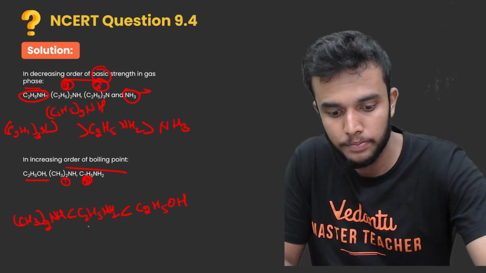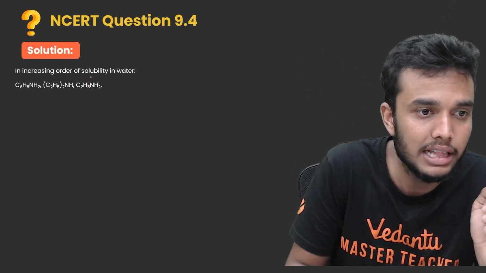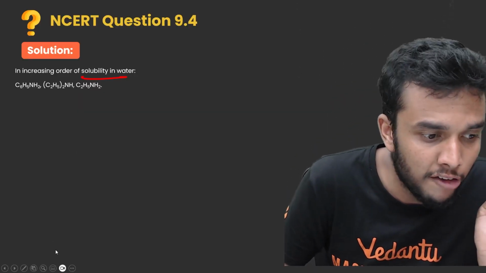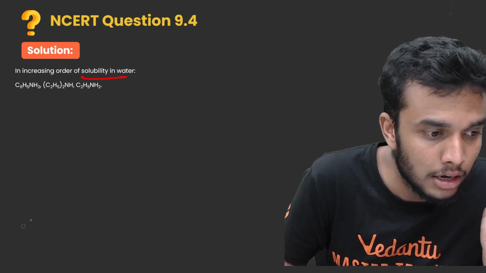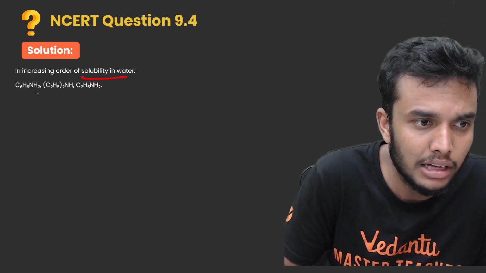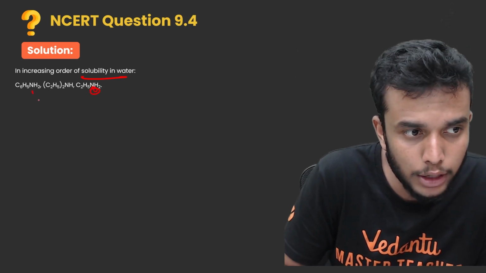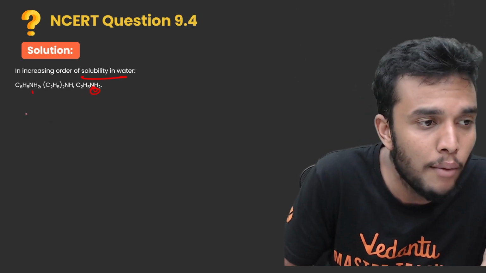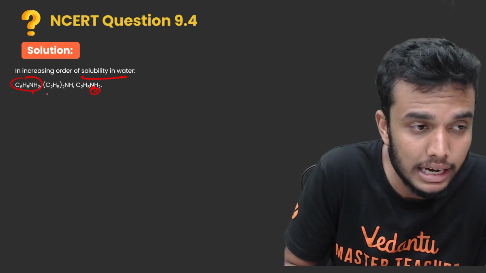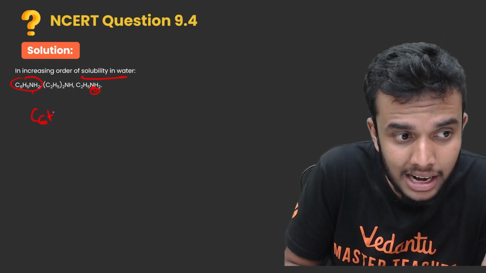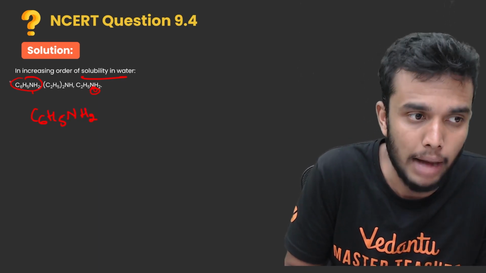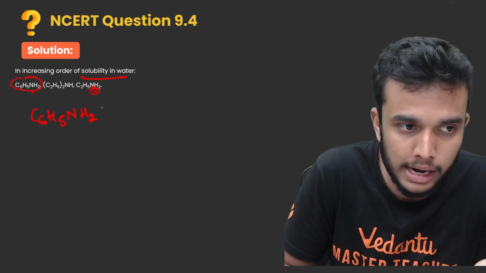Next, move on to the next one, and I think it's the last one, students. In increasing order of what? In increasing order of solubility in water. We already discussed these two compared to this. Here, which one has high solubility? Increasing order. Compared to this, here a benzene group is there. We already discussed in the previous exercise that the aniline group has low solubility in water.